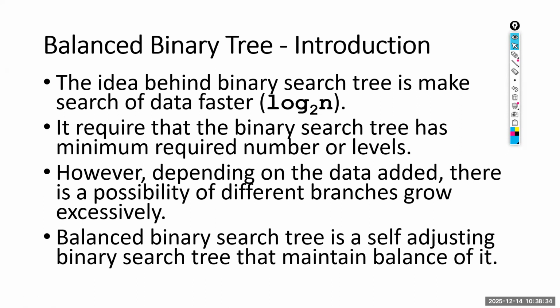So if you have a very long path, that means your efficiency is less. So that is why we need to balance it then and there so that we have a lesser number of levels, right? So this balancing can be done in two different ways.